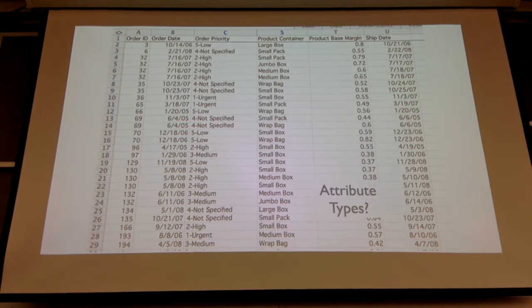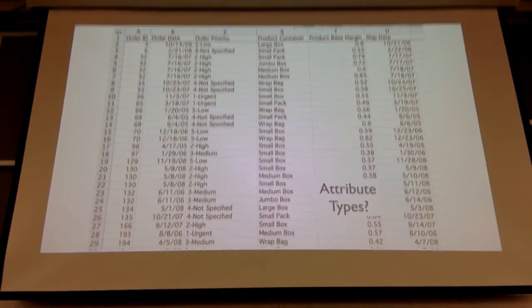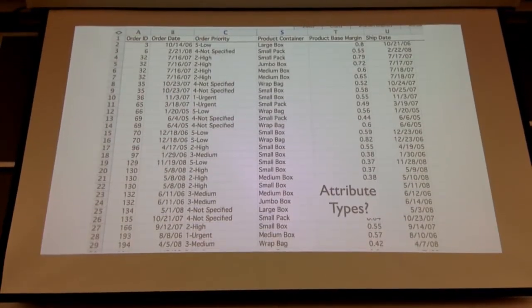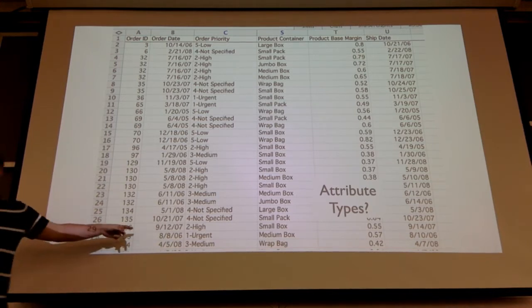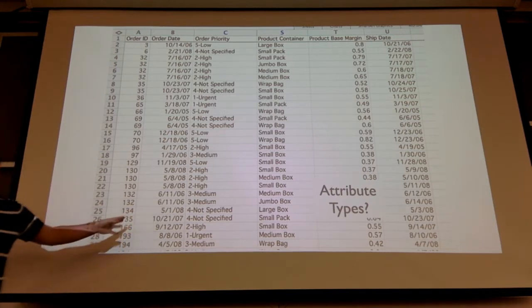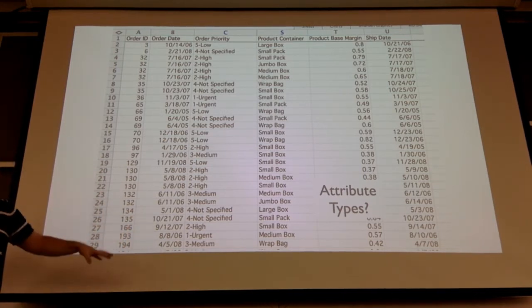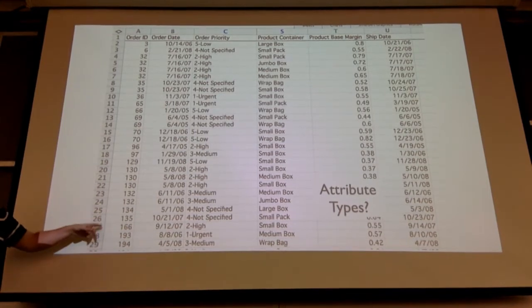Okay, and now attribute types. Nominal, ordinal, ratio, or interval. What is order ID? Could be ordinal, could be nominal, but if you look at the order date, we see that order ID doesn't really correspond with the order date, so my guess here would be nominal.